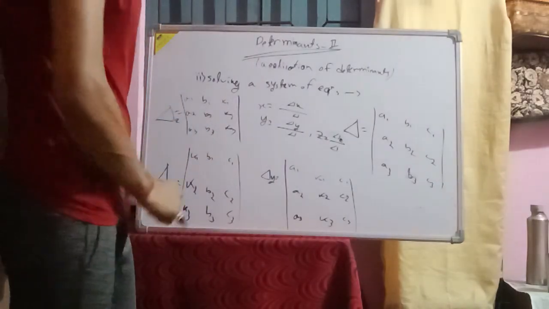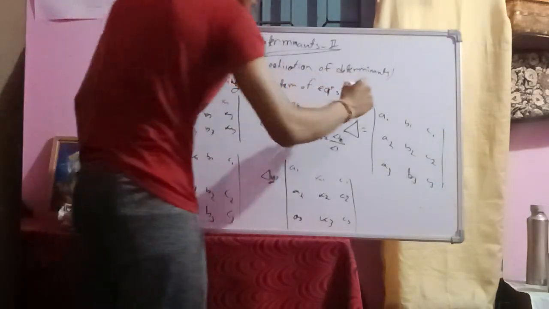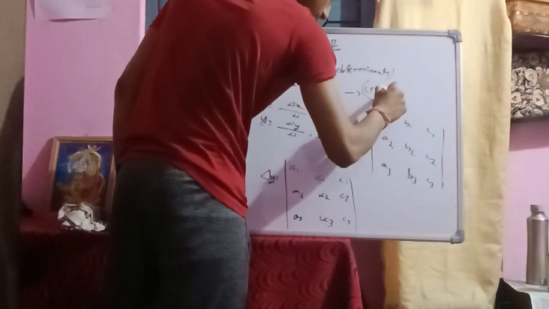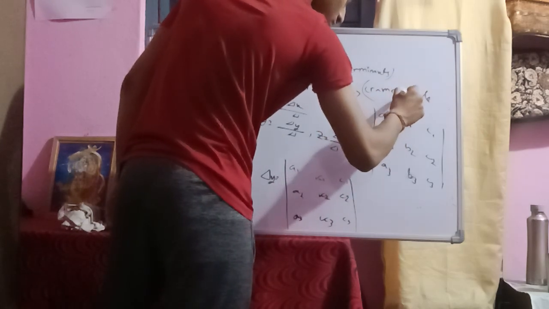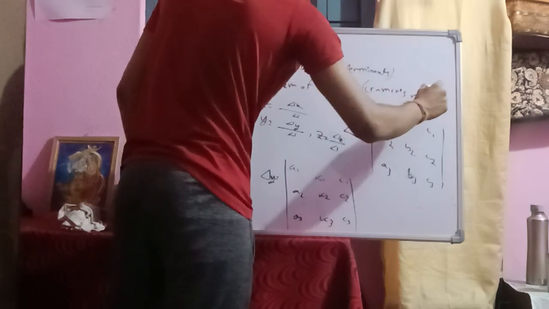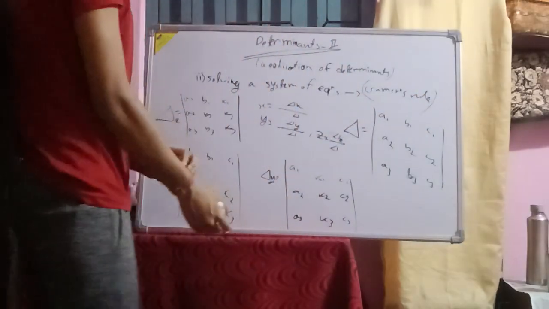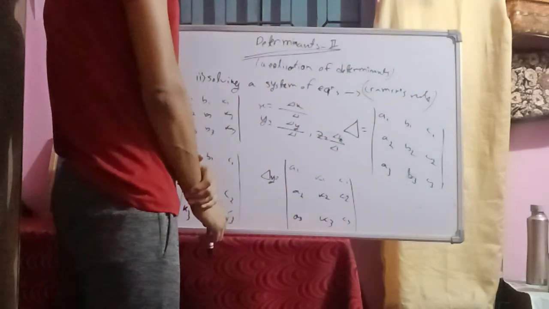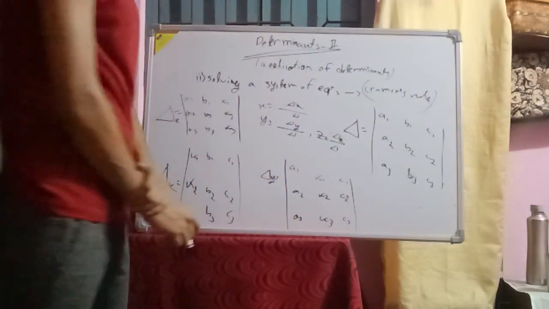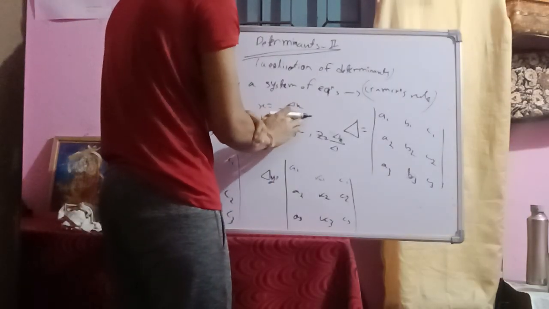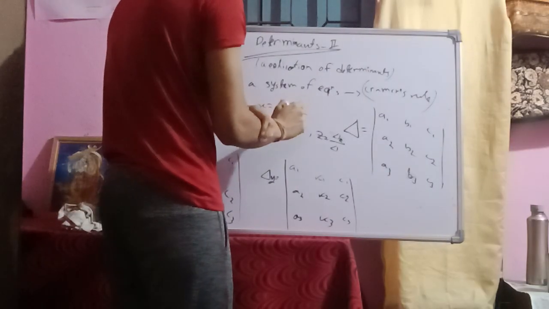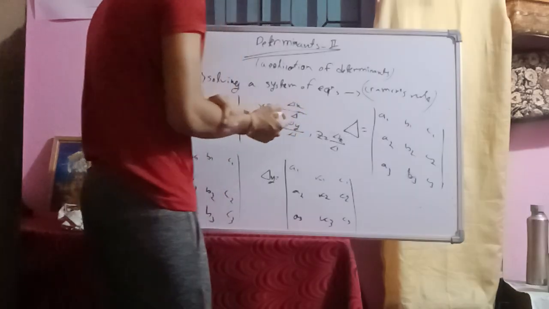This is known as Cramer's rule. Again, don't ask me why things are going on over there, because you need high quality notions to understand 2D and 3D spaces, vector spaces.